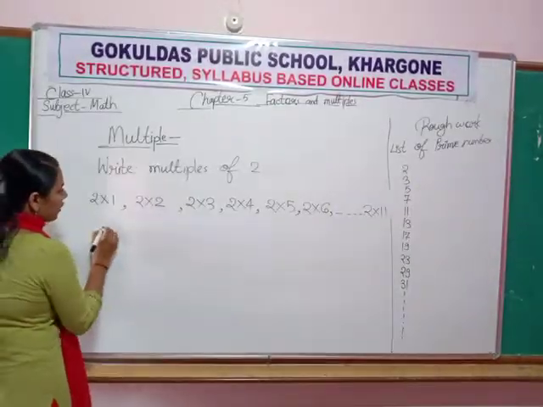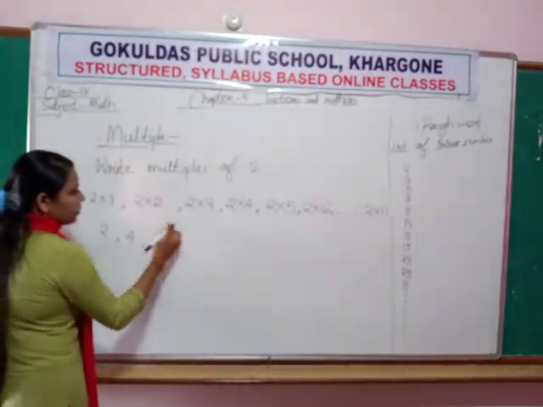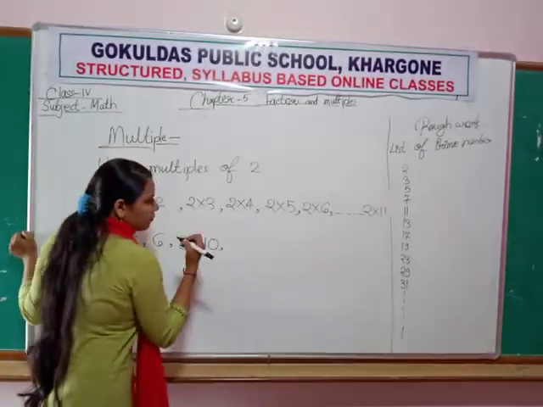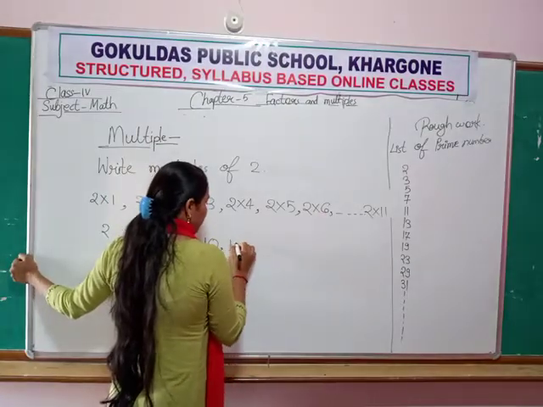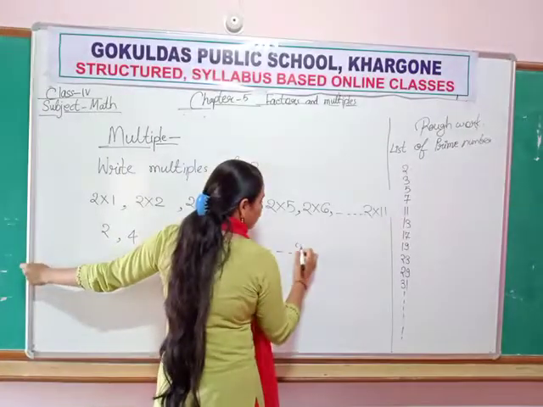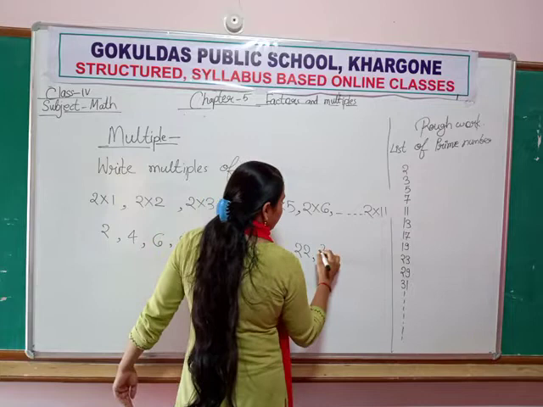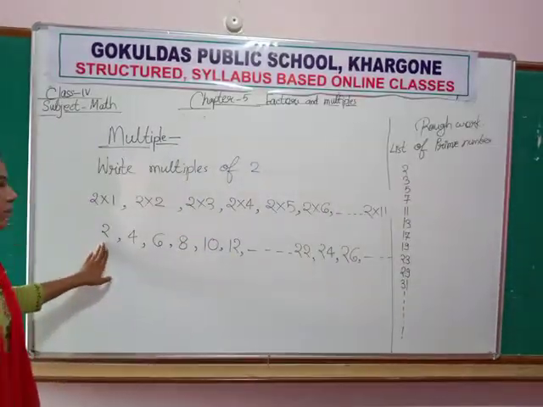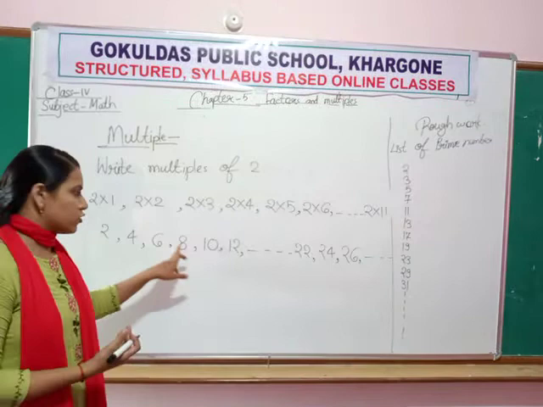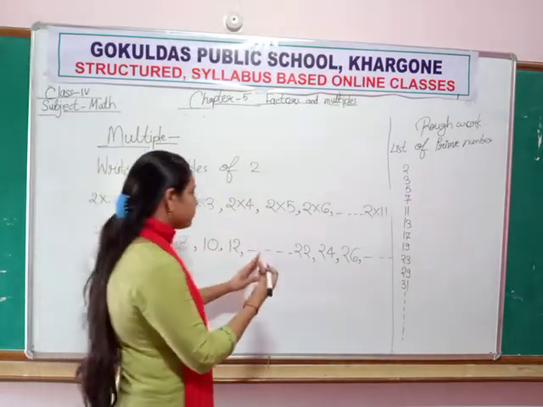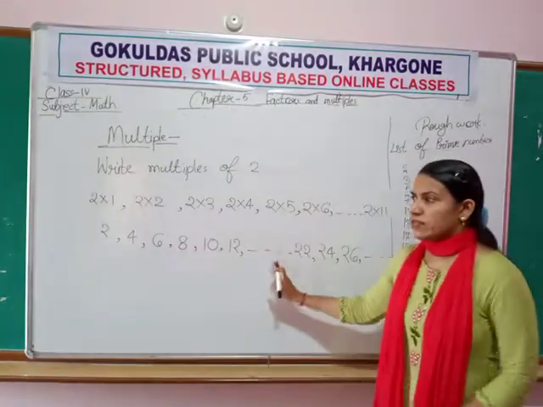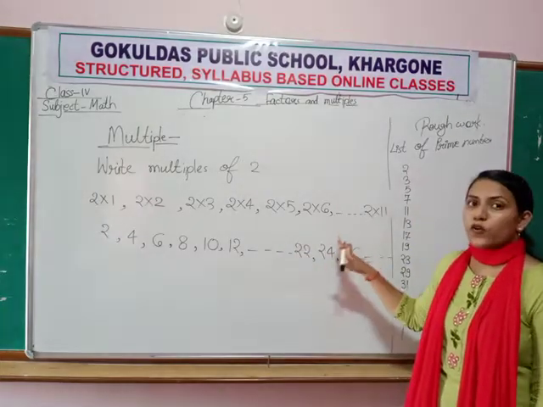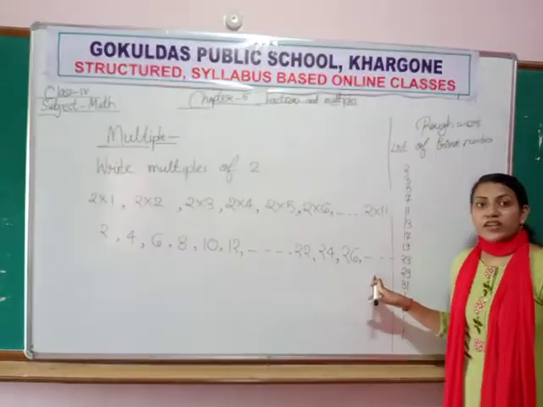When you solve them, 2 into 1 gives you 2, 2 into 2 gives 4, 2 into 3 gives 6, 2 into 4 gives 8, 2 into 5 gives 10, 2 into 6 gives 12, and so on, 2 into 11 gives 22, 2 into 12 gives 24, 2 into 13 gives 26. Basically, 2 1s are 2, 2 2s are 4, 2 3s are 6, 2 4s are 8, 2 5s are 10, 2 6s are 12, 2 7s are 14, 2 8s are 16, 2 9s are 18, 2 10s are 20, 2 11s are 22, 2 12s are 24, 2 13s are 26, 2 14s are 28, and likewise.